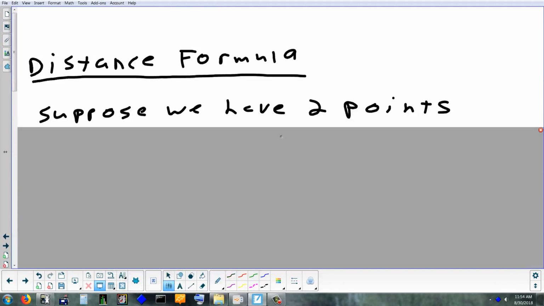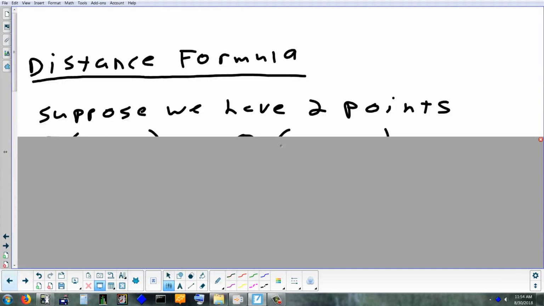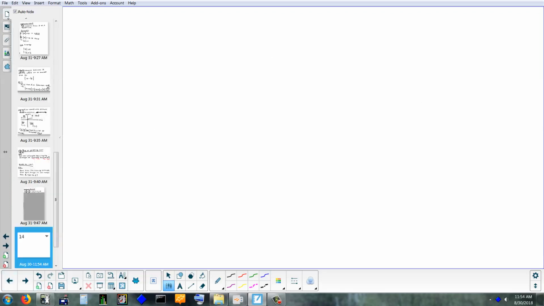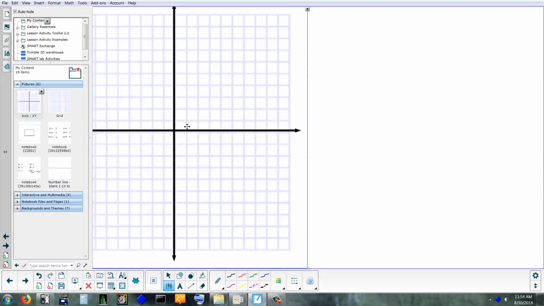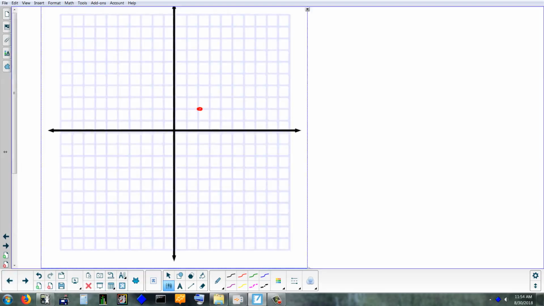All right, distance formula. So distance formula on a number line, pretty straightforward. When we have distance formula in 2D, it's a little different. So if you get something like this, I want to know the distance from here to here.